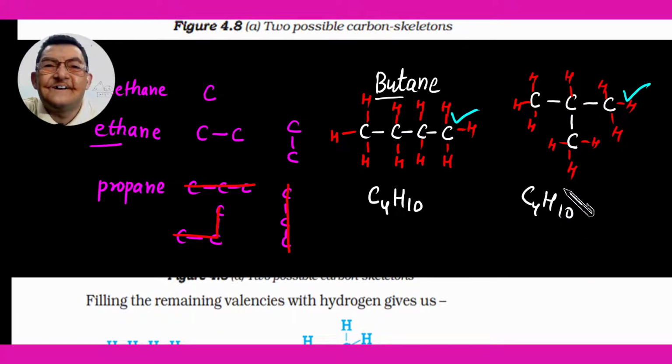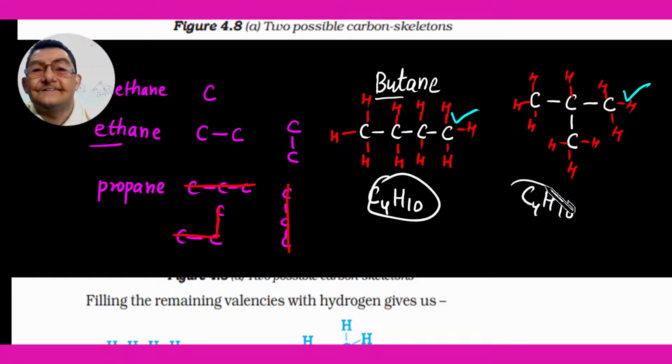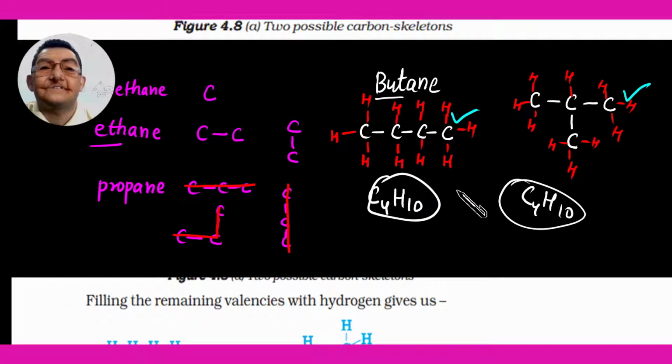Both of them have the same molecular formula. My students, remember this. Both of them have a different structure, but their molecular formula is the same. This is also butane, this is also butane, because both of them are C4H10.